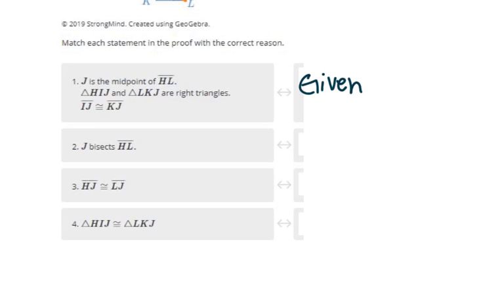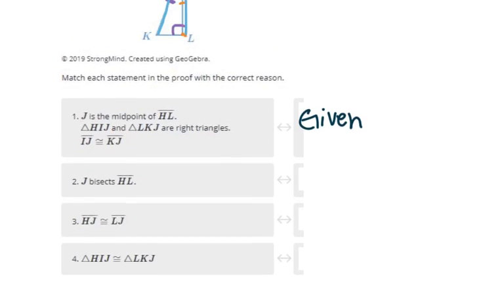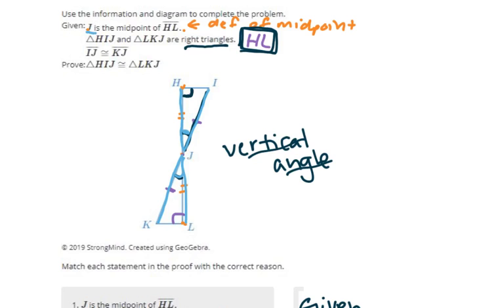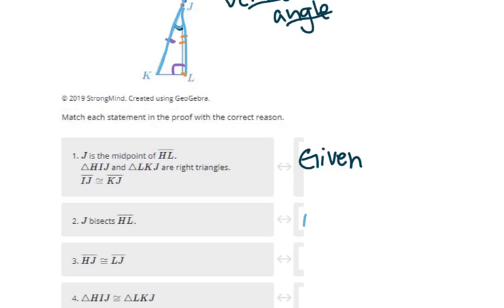So J bisects HL. Bisects, that's what we said at the beginning, up here. We said that this bisects that thing, so that would be by definition of midpoint. So you're going to look for definition of midpoint. And then because of that, the midpoint bisects the thing, and those two are the same. That's the ones we put the two lines on, and that would be definition of bisect, because it said bisect on this one.